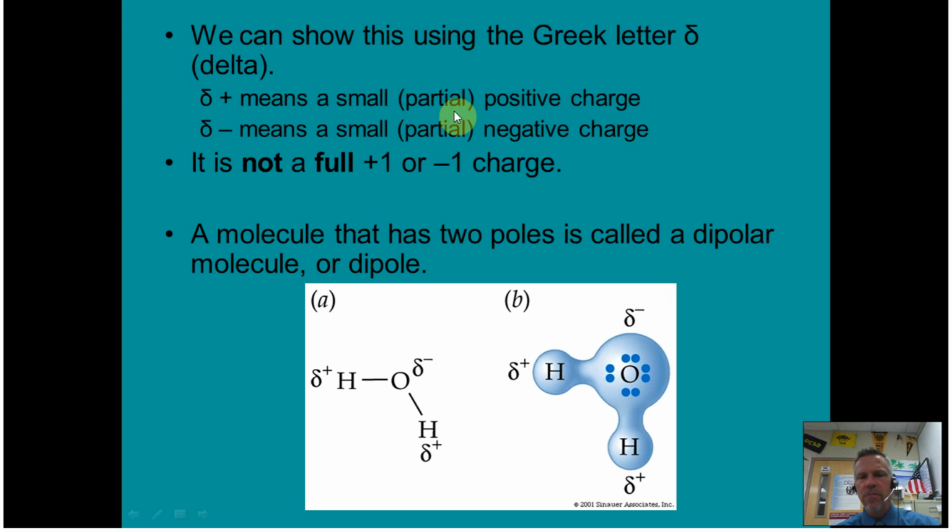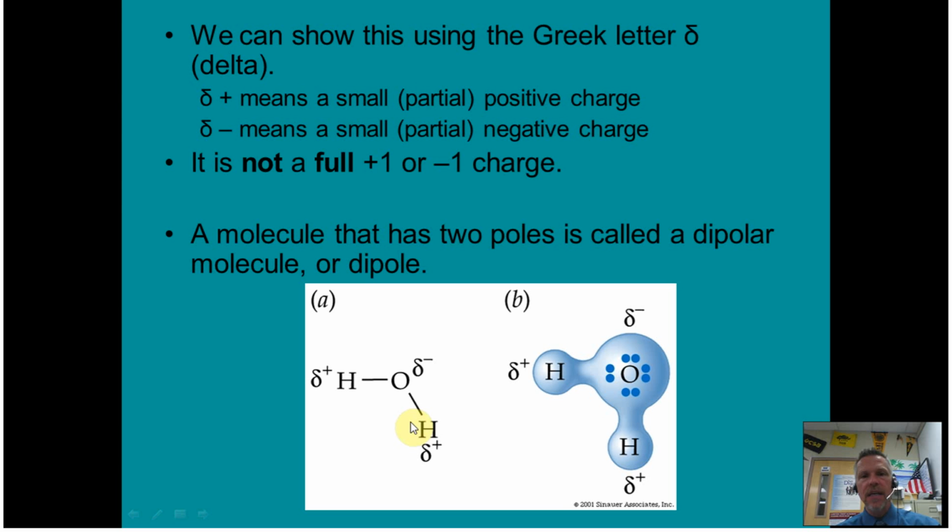Now we can refer to polarity using the Greek letter delta. That's this symbol right here. It's called delta. And if we use a plus symbol with the delta, delta plus means a small partial positive charge. I'm going to get to what that means in a second. Delta minus means a small partial negative charge. And so here in this representation of water, we have a delta minus written near the oxygen and a delta plus written near each hydrogen.